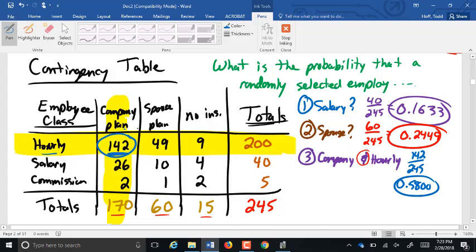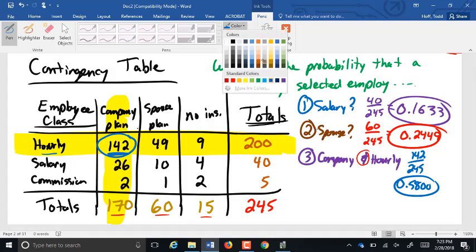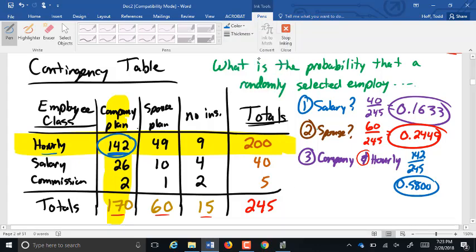So how would that be different, which is getting to what you were asking, if we said on a company plan or hourly? Now, to meet that condition, they only have to meet one of two.